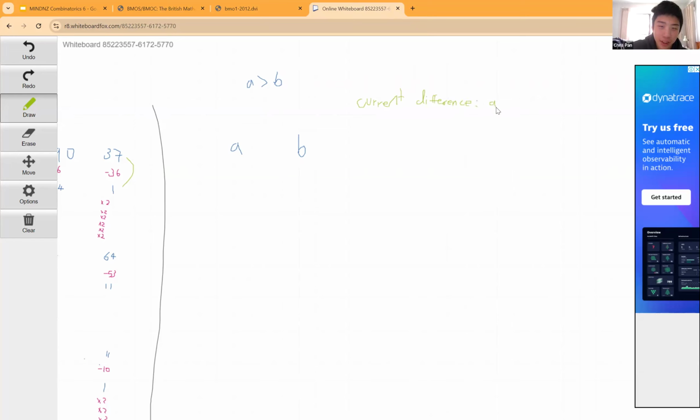I mean, that's kind of the definition: we get the bigger number, we subtract the smaller number, and that's the difference.